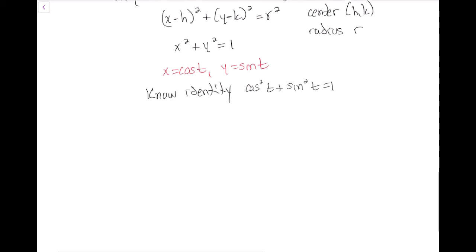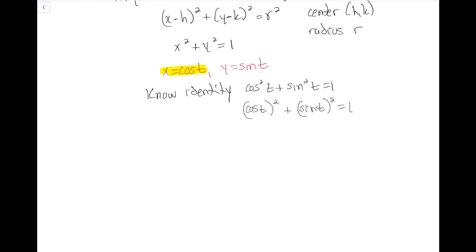And now I'm going to do a substitution, if you will. The x, I'm going to highlight in yellow, is cosine t, so I'm going to replace cosine with x. Now I'm going to take an extra step here. We typically think of cosine squared plus sine squared, and we write it in a more efficient manner as we did in that first line, but that's really cosine quantity squared, sine quantity squared.